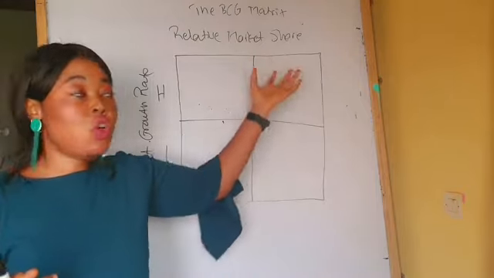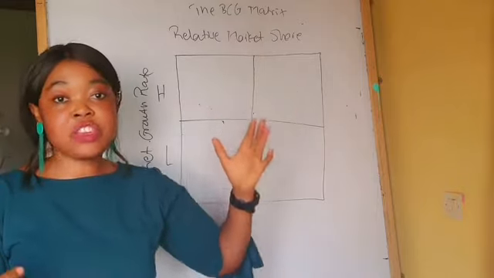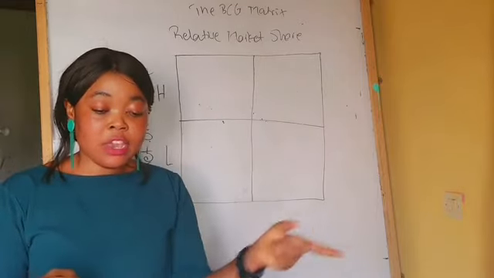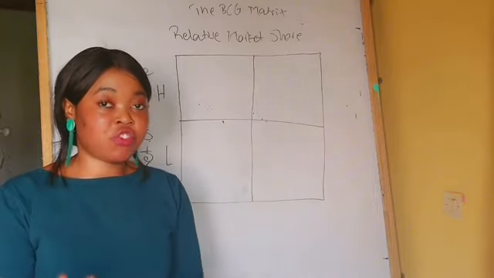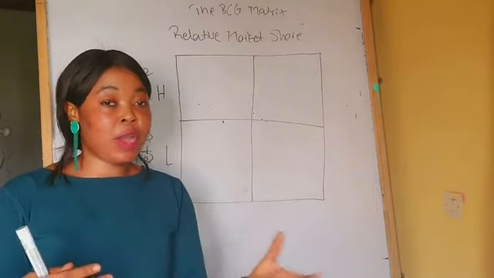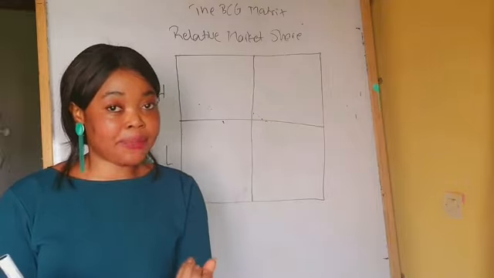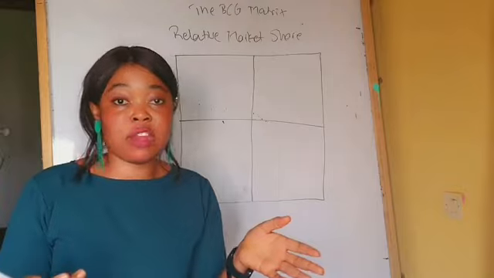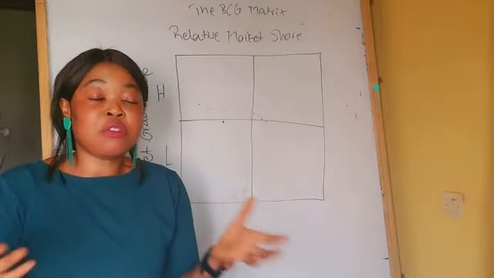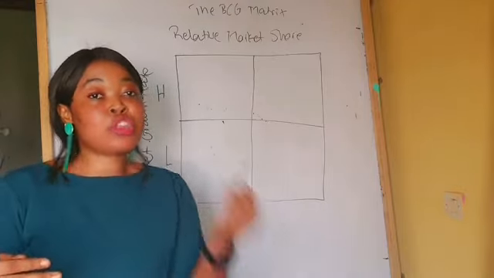Now, to know their relative market share, you have to ask yourself, okay, in 2020, out of this 1 billion that was made in construction, how much did XYZ Enterprises make? Did they make 1 million, 10 million, 500 million? Out of the 1 billion made, how much went to them?